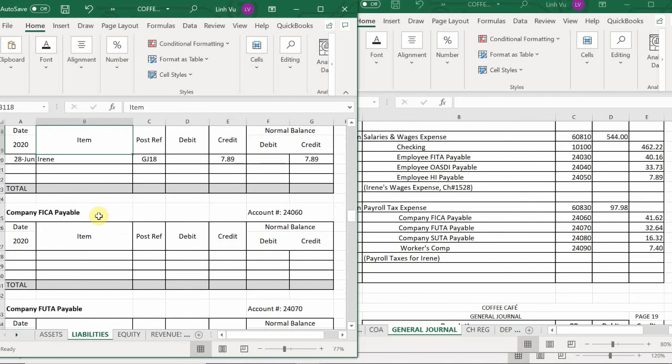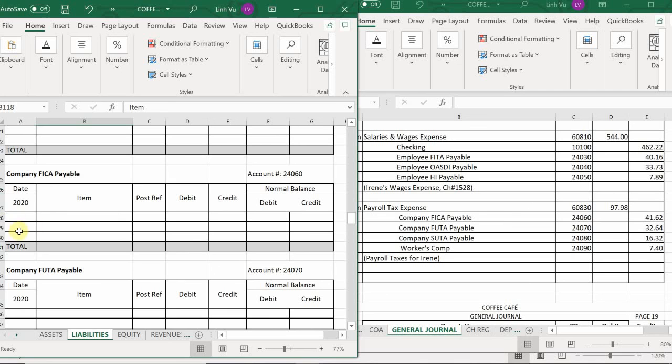Starting with company FICA payable, once again you're going to write Irene, because that's exactly who we're calculating this payroll tax for, a total of $41.62.